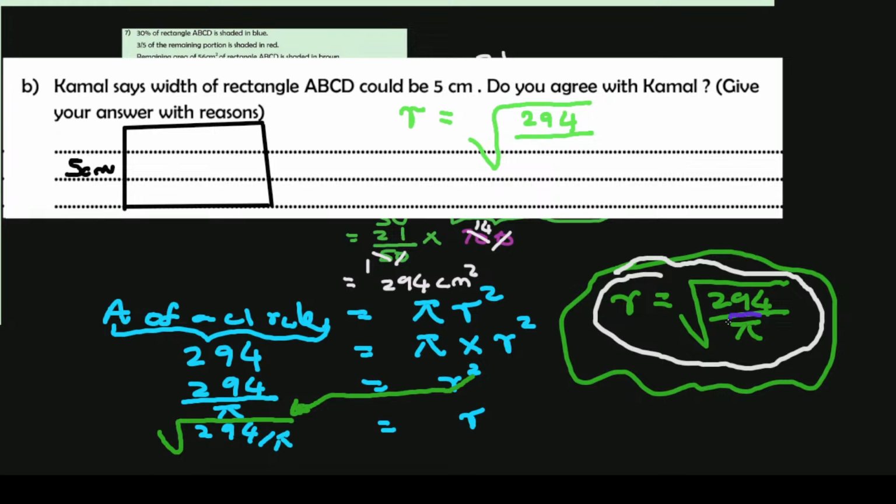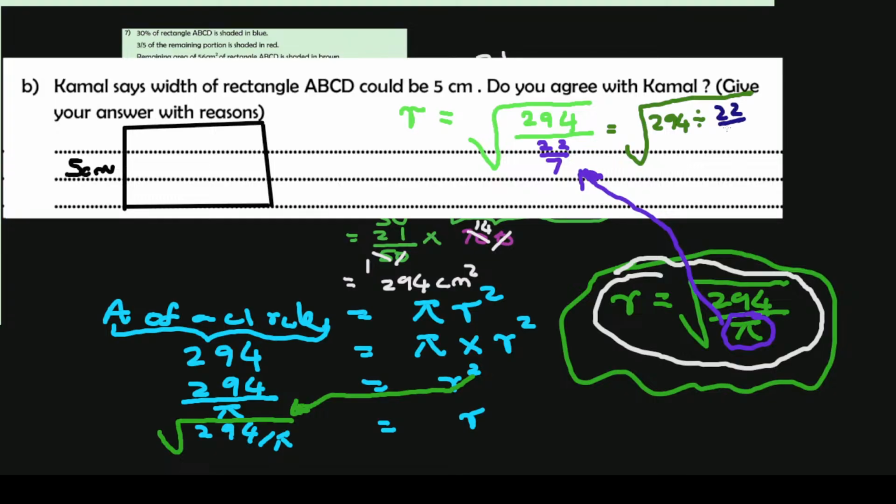So let's take a rough value for pi. What's the rough value you can take for pi? That's 22 over 7, right? So the square root of 294 divided by 22 over 7, which can also be written as the square root of 294 divided by 22 over 7.